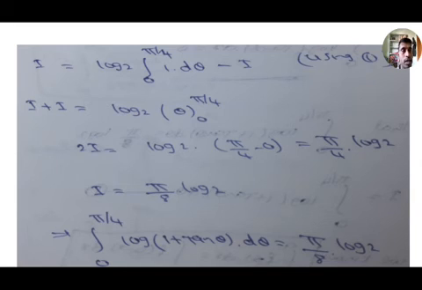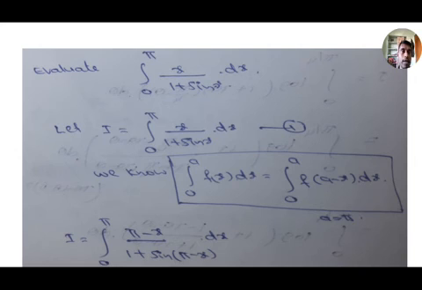So I plus I equal to 2I, log 2 into theta, upper limit minus lower limit, pi by 4 minus 0, that is pi by 4 into log 2. So 2I equal to pi by 4 into log 2, I equal to pi by 8 into log 2. It is the answer. Therefore integration 0 to pi by 4 log of 1 plus tan theta d theta equal to pi by 8 into log 2.